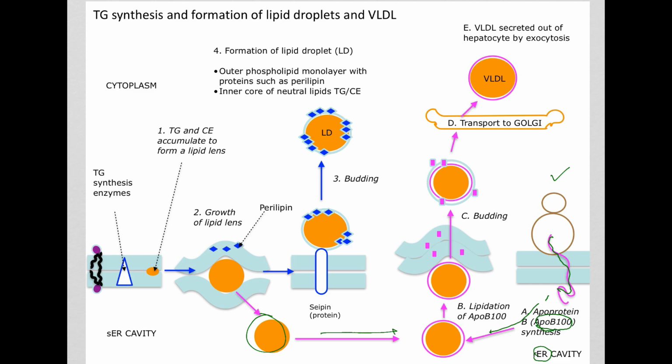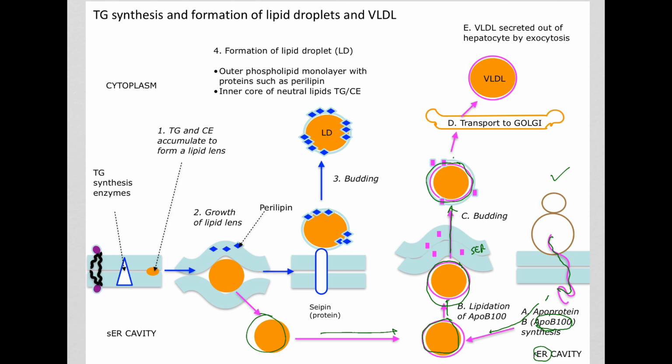So these two will combine in the liver cells, and the protein and the lipid droplet will form this structure that will then bud off from the smooth endoplasmic reticulum and form what we call a lipoprotein particle, an immature lipoprotein particle.